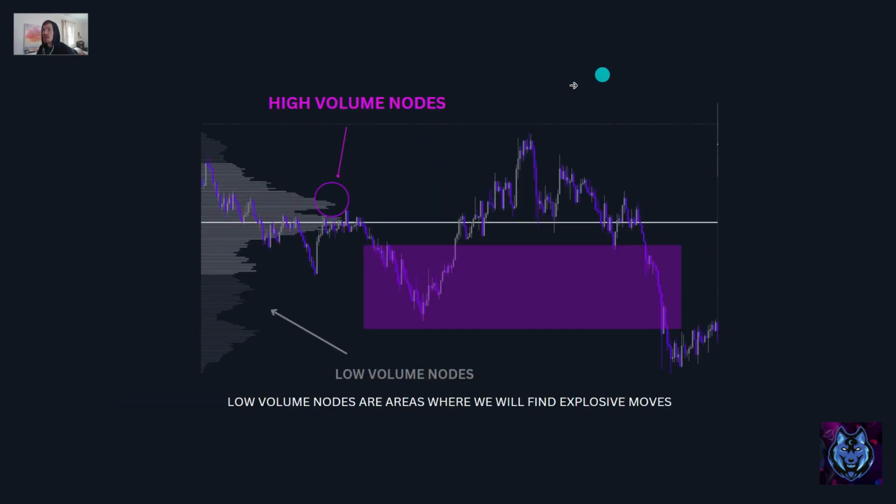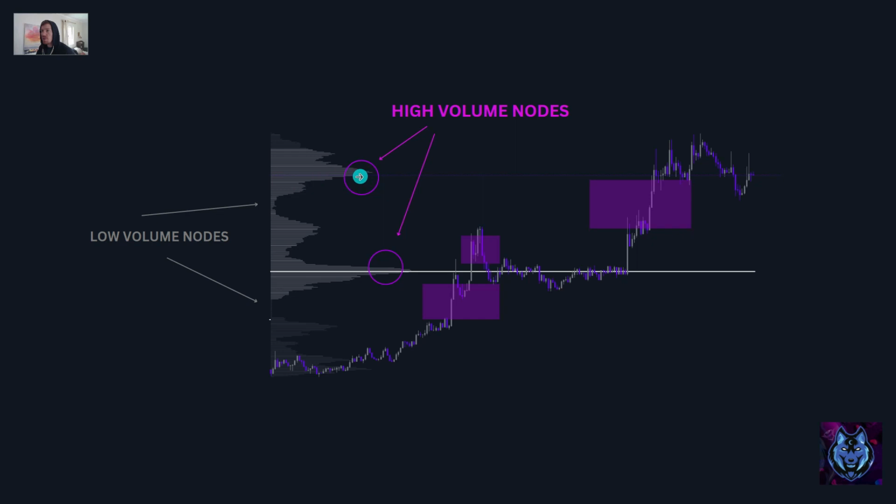Another example, we've got this high volume node over here and this low volume node area over here. And as you can see, I've marked out the low volume node area, and these are where we get the biggest moves on the charts. Low volume nodes are areas where we will find explosive moves. Once again, we've got a high volume node over here and low volume nodes over here. High volume node, low volume node.